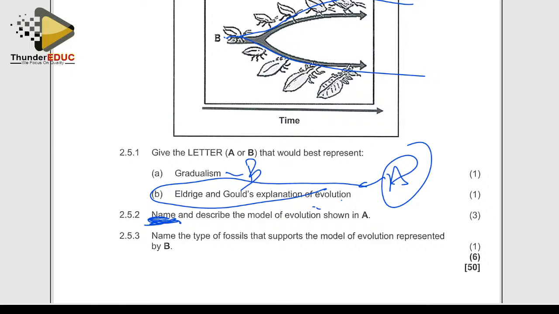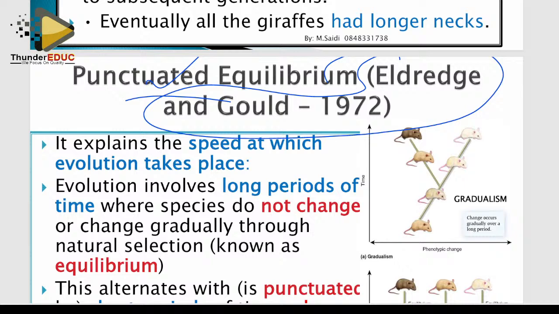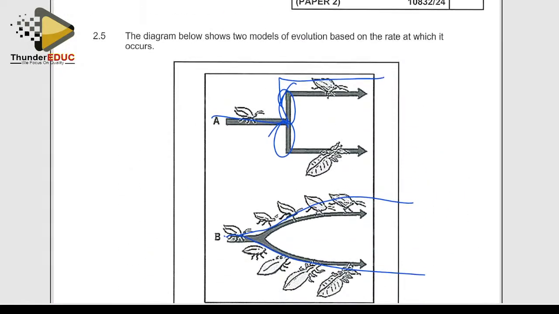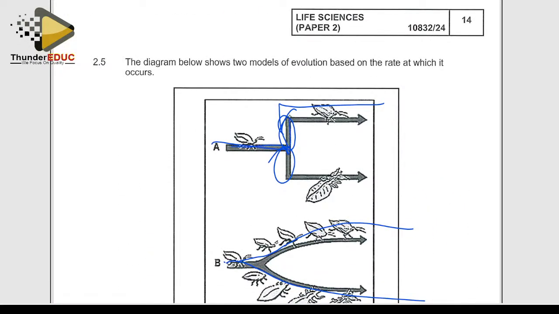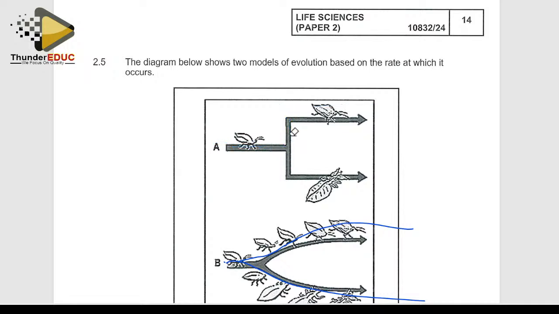So here it has long periods of no change with short periods of rapid change.